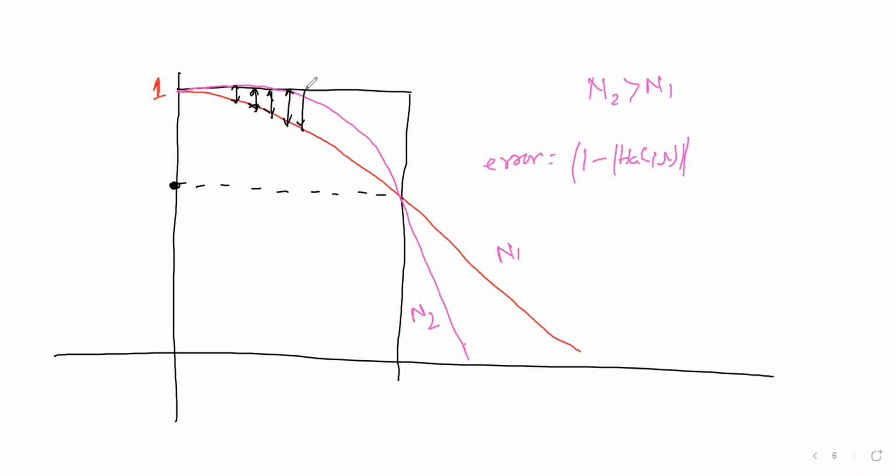Now the same case for the second plot, for N2: the error is the same, 1 minus the magnitude of H of j omega. Now see this is the error.